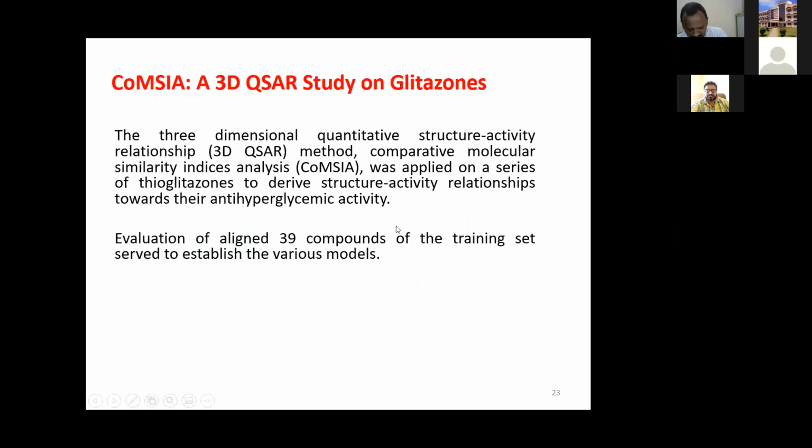Now, for example, if I take one particular case study, the CoMSIA study we did, I am telling you to make you understand what CoMSIA is for. Comparative molecular similarity indices analysis is what CoMSIA is all about. What we did is evaluation of aligned compounds: 39 compounds were taken in the train set to establish the various models, and 11 compounds in the test set.